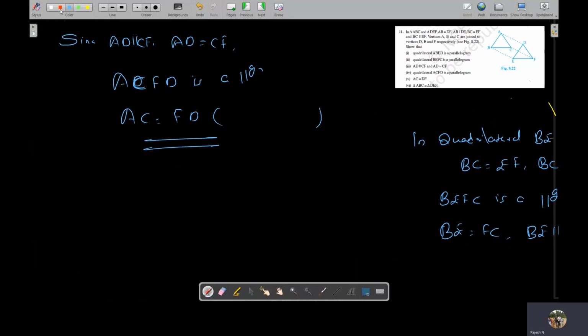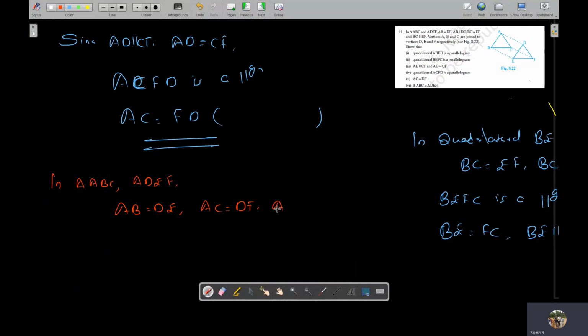Now, in triangles ABC and DEF, what can you say? AB is equal to DE, then AC is equal to DF, that is also given.